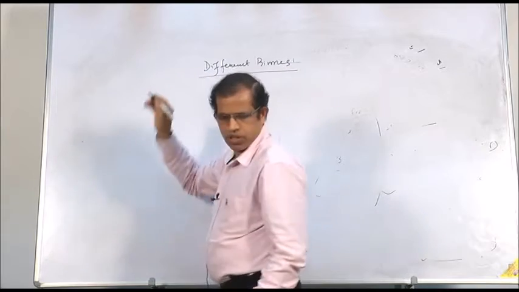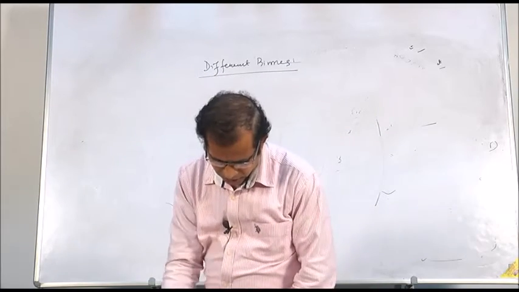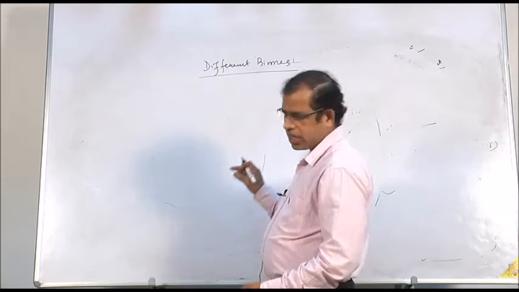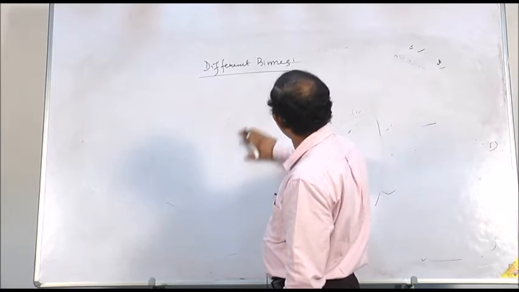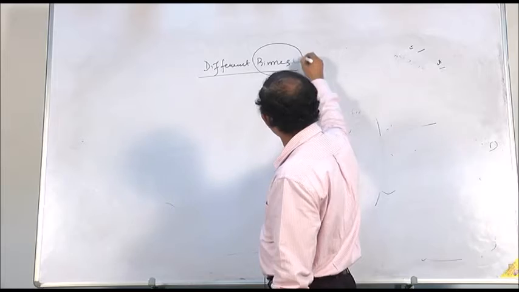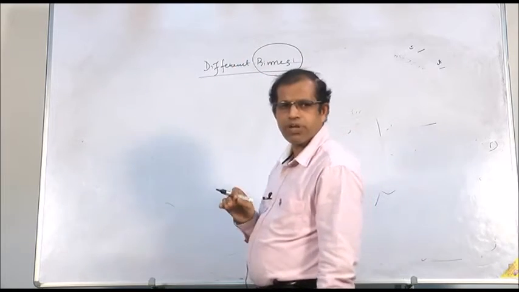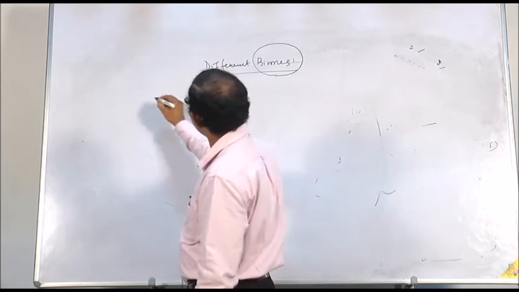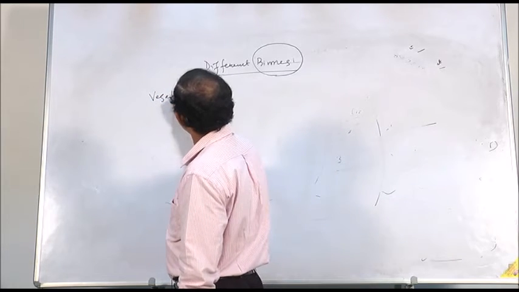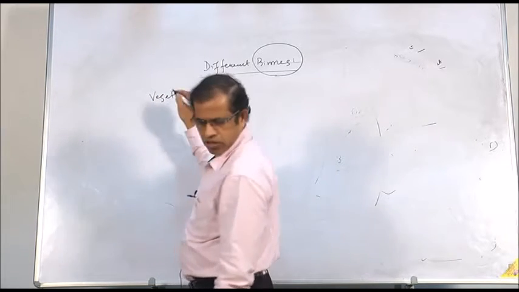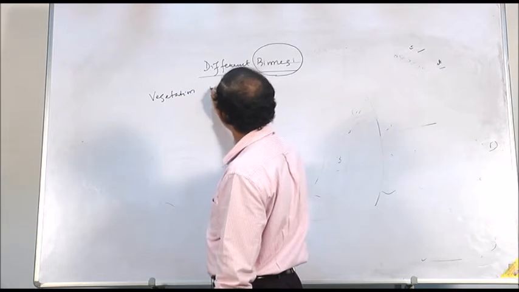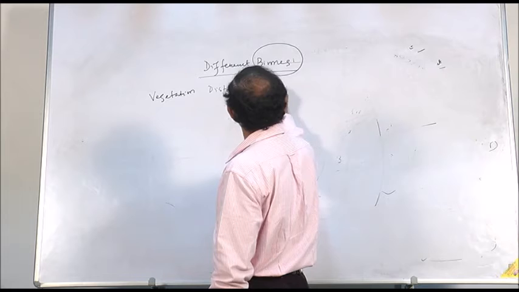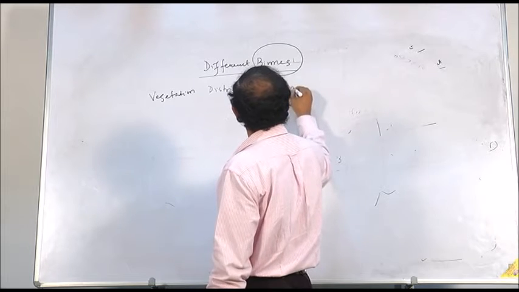If you want to study these different biomes, before that we have to know why the climatic zones form these different types of biomes. That means we should know the vegetation distribution in biomes.